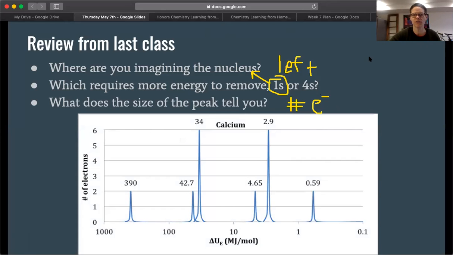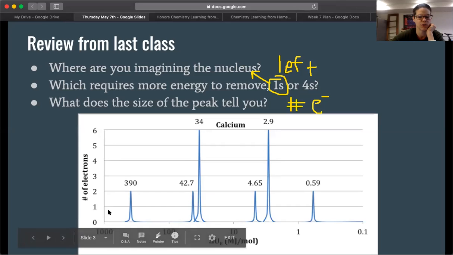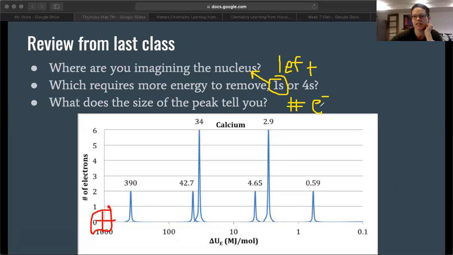So if we look at one of these, again, we are imagining that our nucleus is right here. The closer you are to the nucleus, the more attraction you're feeling, because all of these peaks represent negative electrons. And the more attraction, the more energy there is.